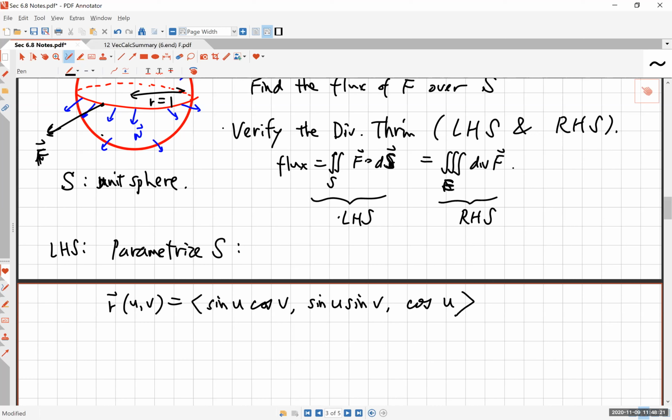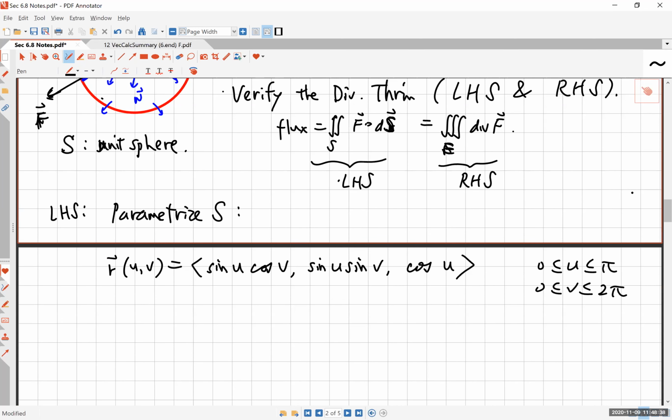Where u represents our variable phi, and v represents our variable theta, which goes from 0 to 2 pi. Okay, so if you go back a few sections, you will see that this is indeed the most common parameterization of the sphere of radius 1, because there's no coefficient in front of it.